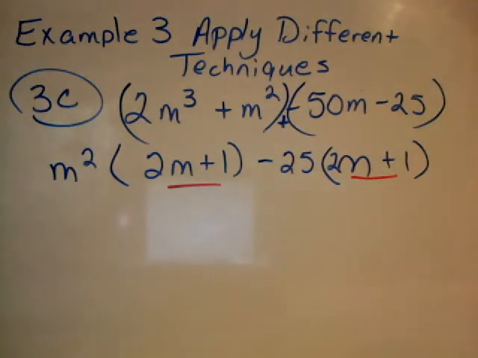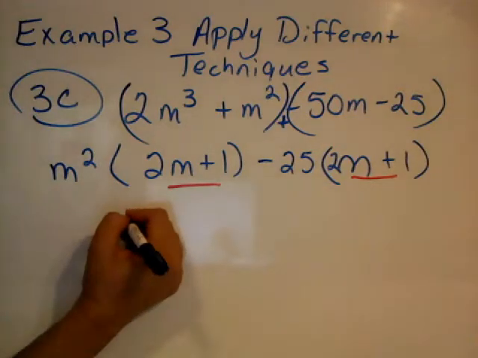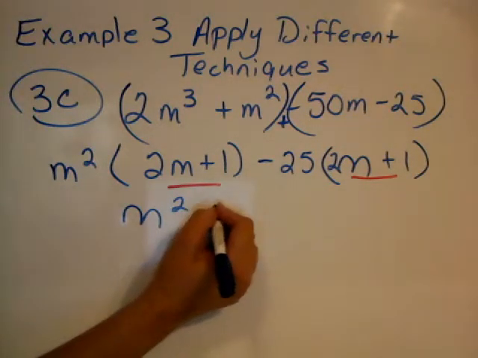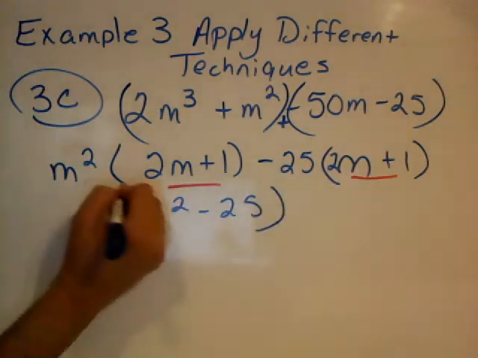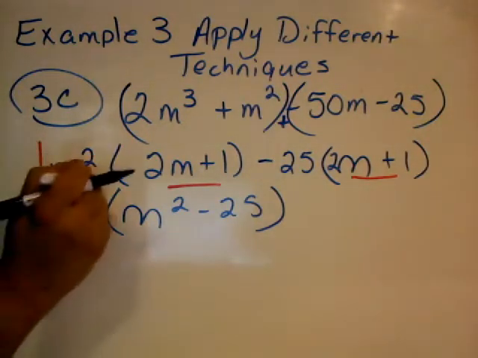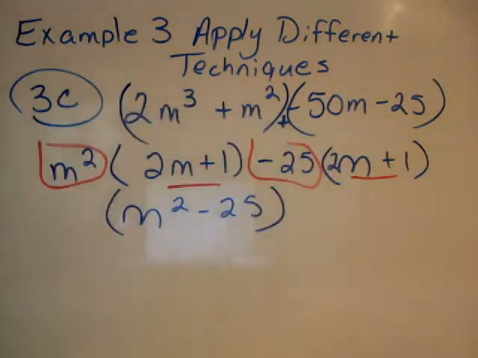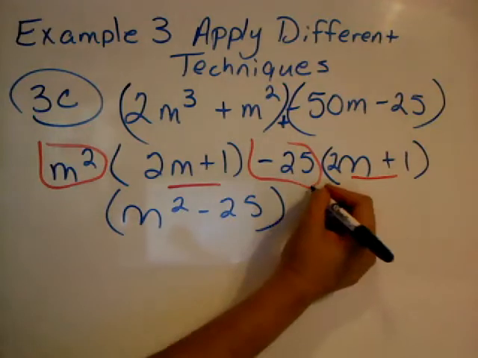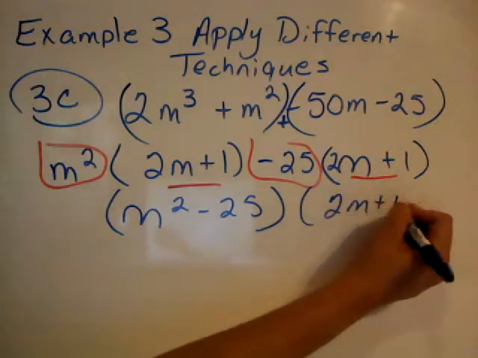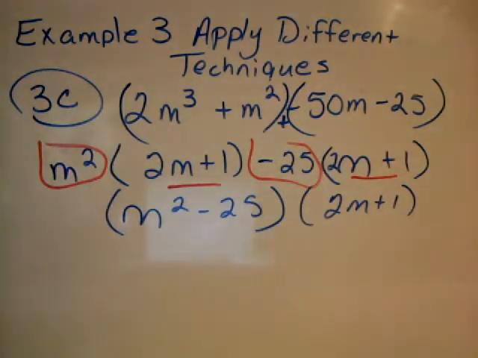If you reference back to lesson 8-6, this is m squared minus 25, which I took from here and here because I factored those out, times 2m plus 1 because I found that common factor.